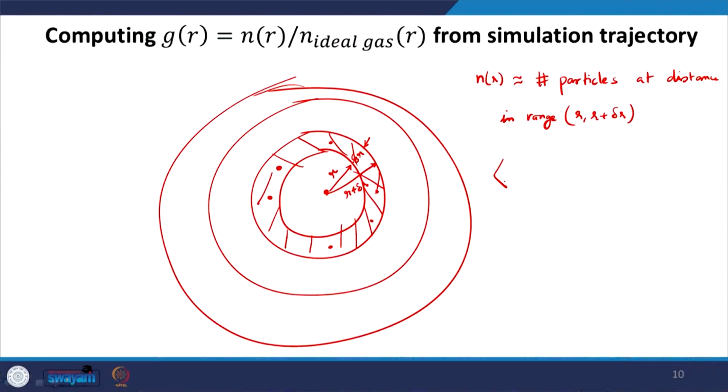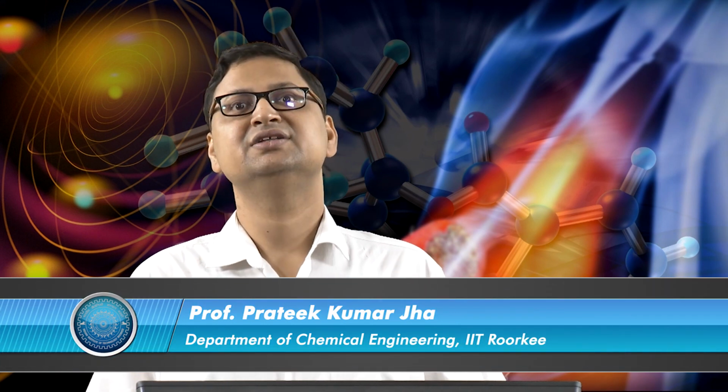So, basically using multiple points in the simulations, we can get an average of the n of r. We can average over the frames, and we can also average over the particles.